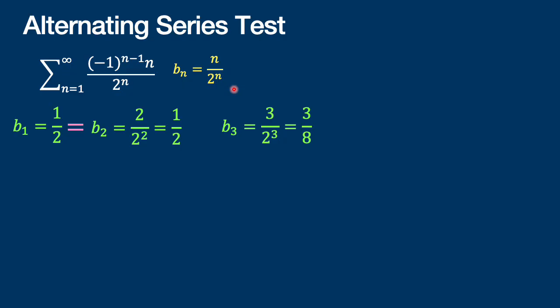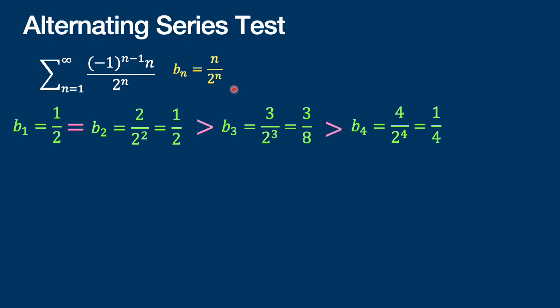That's definitely smaller, because 1/2 is 4 over 8. Now B4 is 4 over 2 to the fourth power, 4 over 16, that's 1 over 4. Of course, 2 over 8 is smaller than 3 over 8. So B3 is bigger. Now you know this is a decreasing sequence.